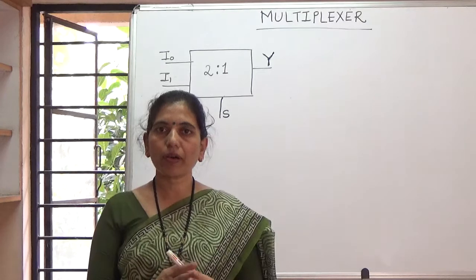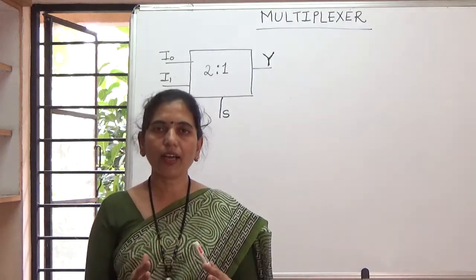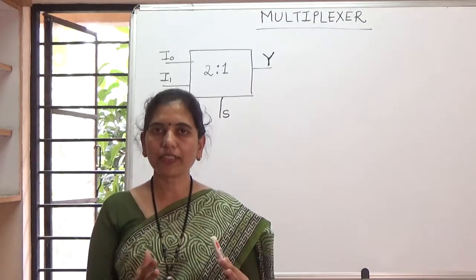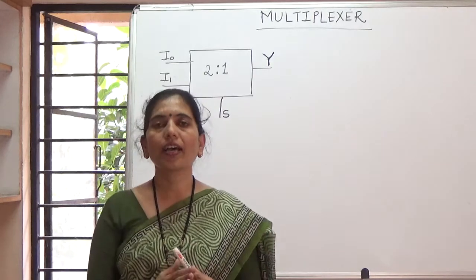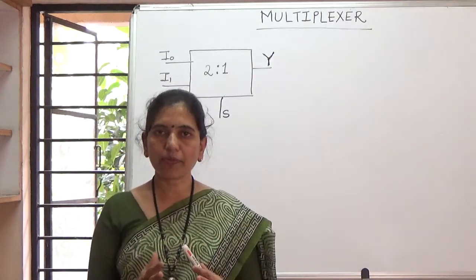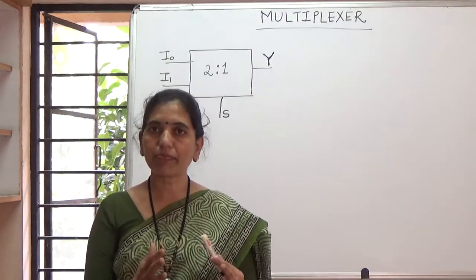When we have bigger digital circuits which might incorporate many multiplexers and other combinational circuits and different ICs, in such circuits typically all the circuits may not be functional at the same time.